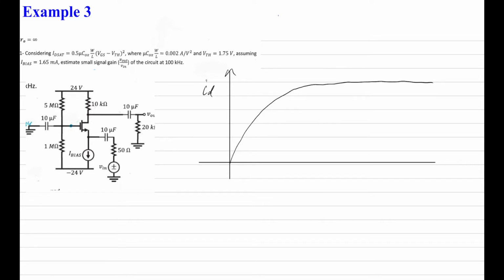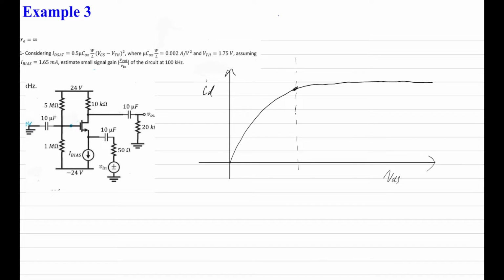And what we can say is that if this is the VDS, the voltage drain source, then once the drain source voltage gets to a certain point, i.e. this point over here, it's not actually going to affect the current flowing through.